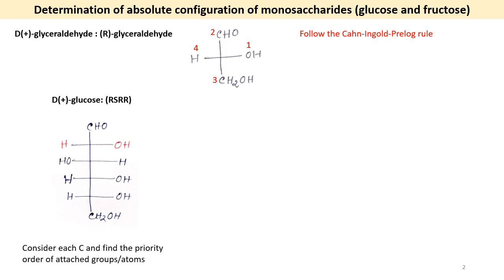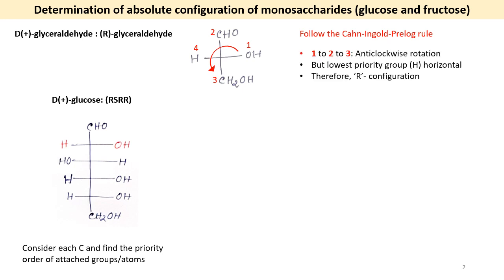So the rotation 1, 2, 3 is anti-clockwise, but the lowest priority group hydrogen is placed horizontal. So it will be R configuration and not S configuration, right? Therefore, D-glyceraldehyde or D plus glyceraldehyde has the absolute configuration of R.